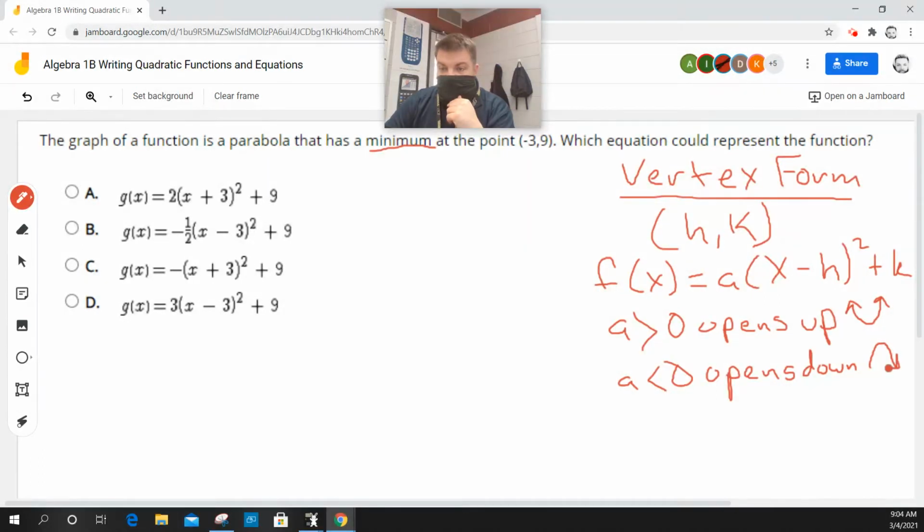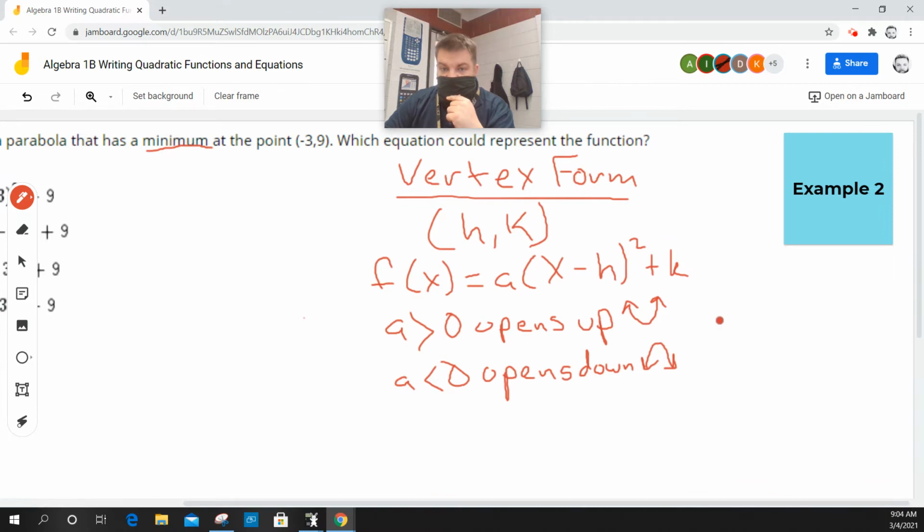So it looks like this. And remember that this is a fancy math way to say positive. In other words, if A is positive, it opens up. If A is negative, it opens down.